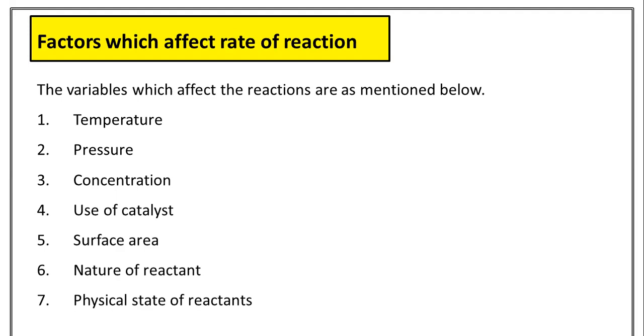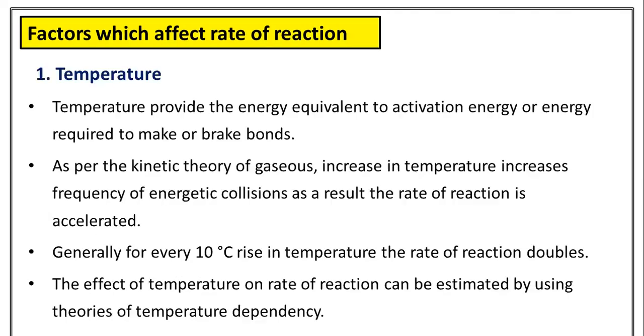So for every reaction, there may be a specific set of operating variables which are important in order to drive the reaction as per our plan or as per our expectations. So let us try to understand the importance of each and every variable and how it affects the rate of reaction.